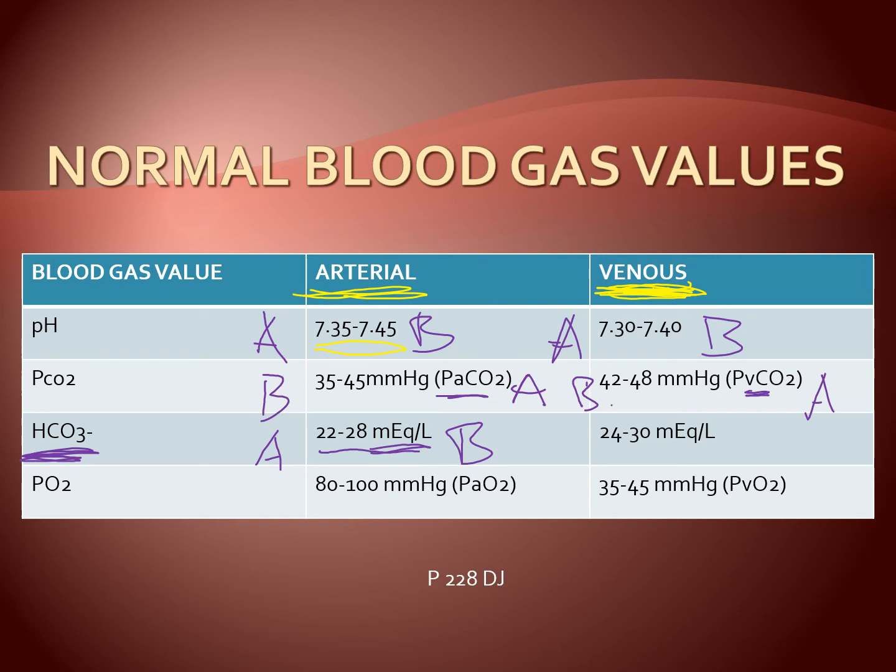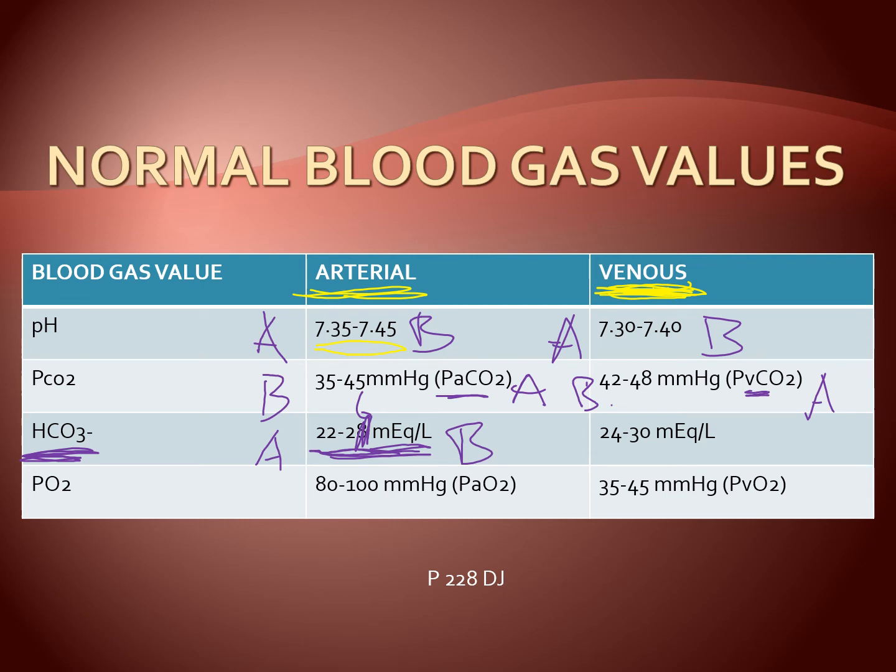If you answer 22 to 28, I'll have to take it because the book says so. However, on the board exams, you are tested 22 to 26 milliequivalents per liter. So if you want to just get this in your head now that it's 22 to 26, please do so. Just do yourself that favor. 22 to 26 milliequivalents per liter.